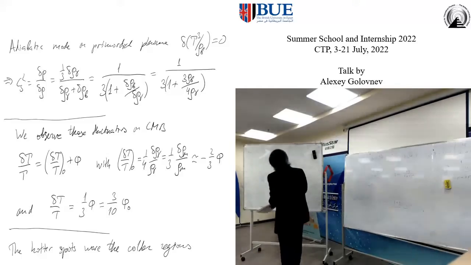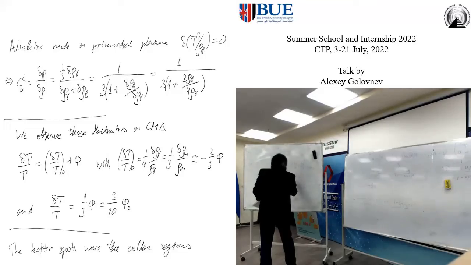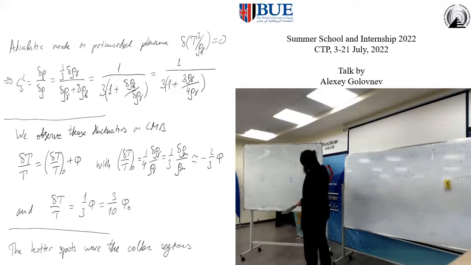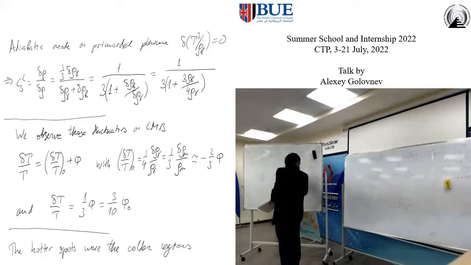Let me just divide by delta rho gamma. I have 1/3, and here 1 plus delta rho baryon over delta rho gamma. And delta rho baryon to delta rho gamma is 3/4 rho baryon to rho gamma. And finally I get the result.